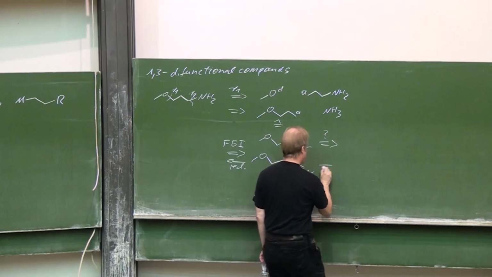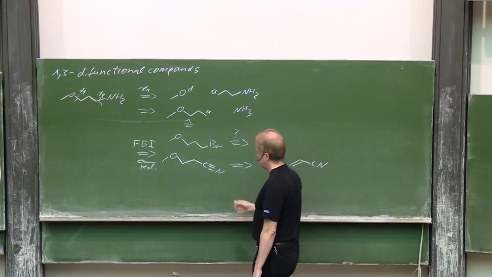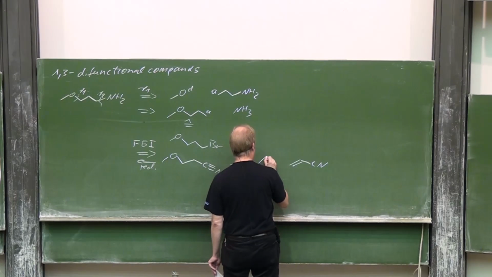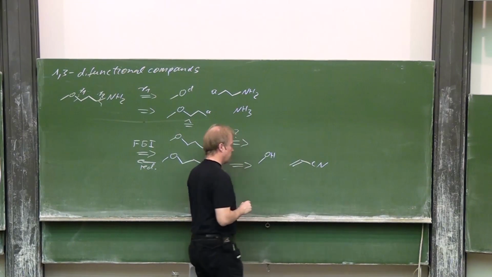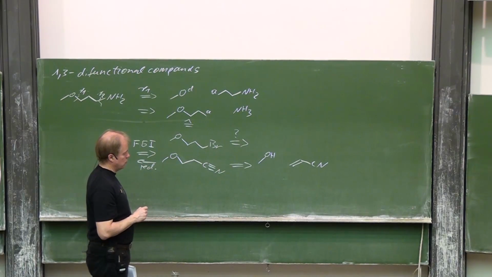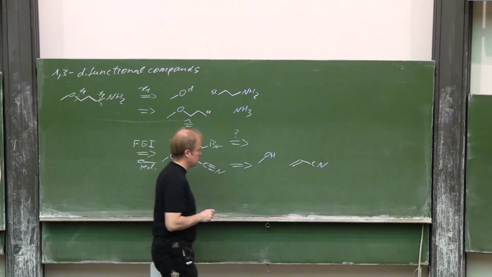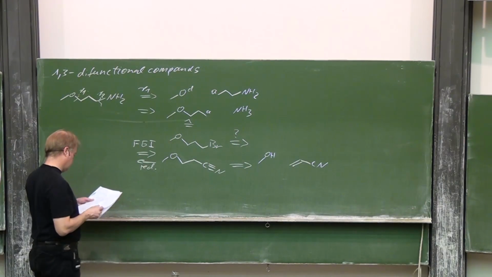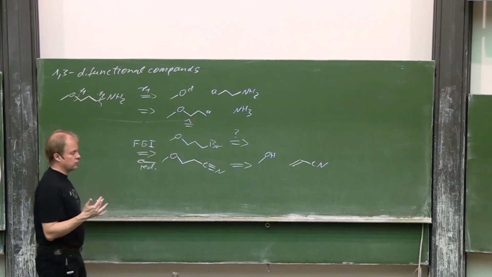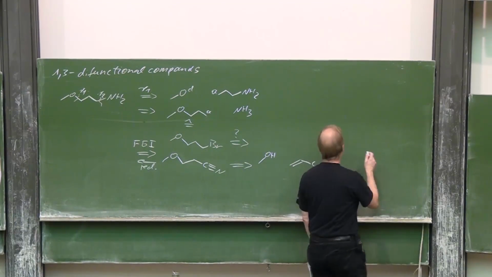And now it's really easy because this derives from a conjugate addition reaction of methanol to that cyanoacrylate. No, it's not this. It's acrylonitrile. Cyanoacrylate. Well, you know what cyanoacrylate is.